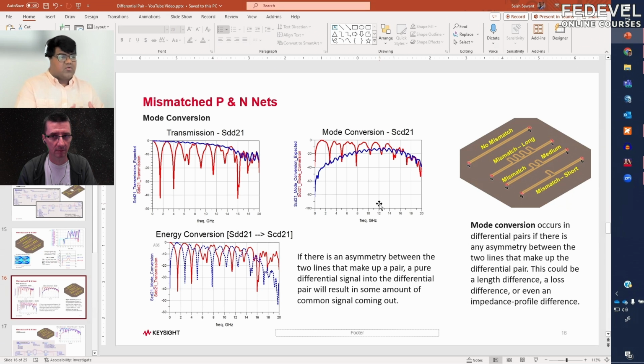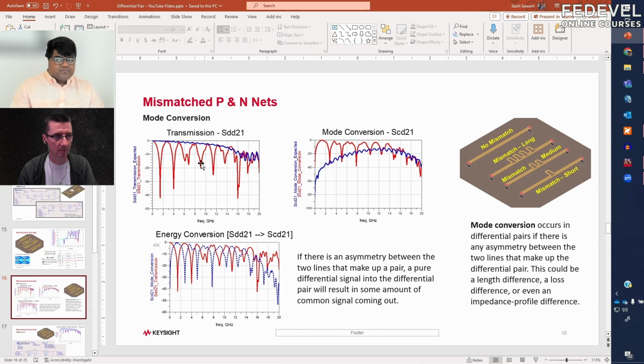That energy conversion we call mode conversion. Now what we see here is SCD21. The input is port 1, and that's differential. At the output end on the other side, we are seeing the common signaling at port 2 with input at port 1, which is differential.